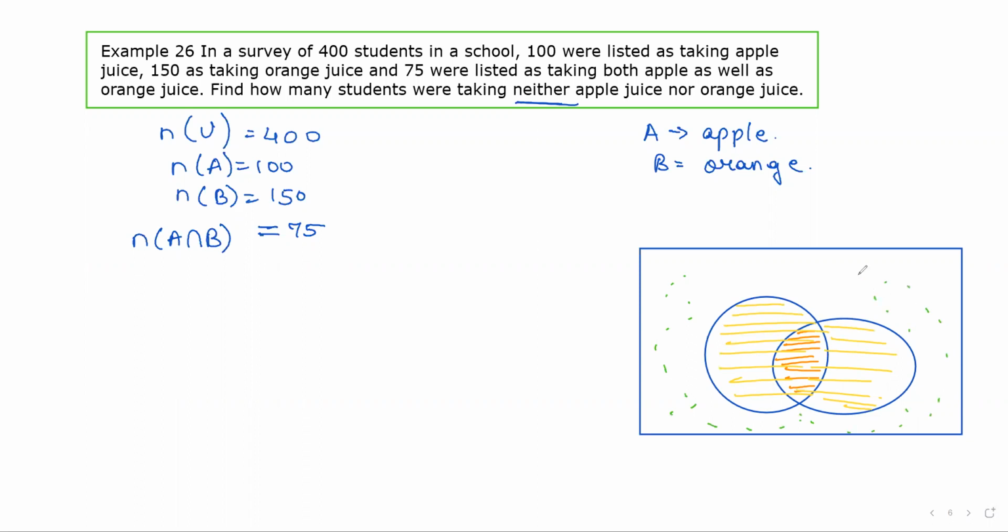The green dotted region would be the region where students do not consume either of the two drinks. This is your A, B, this is U. Your orange part is A intersection B, and your yellow part is A union B.